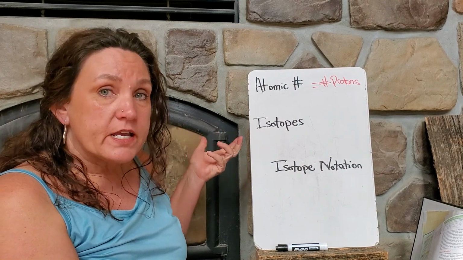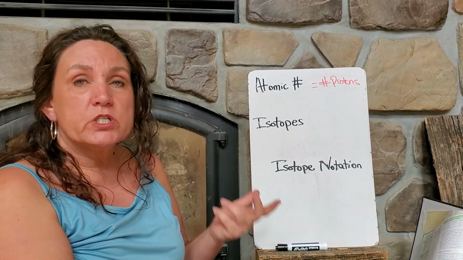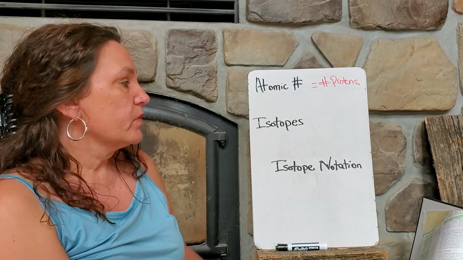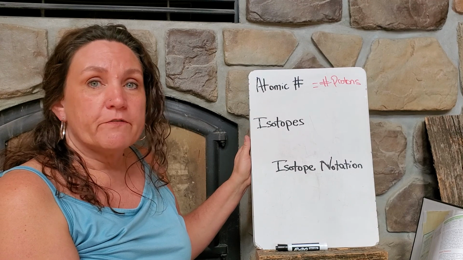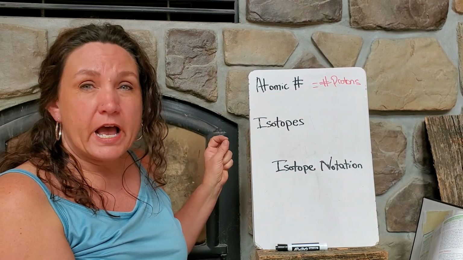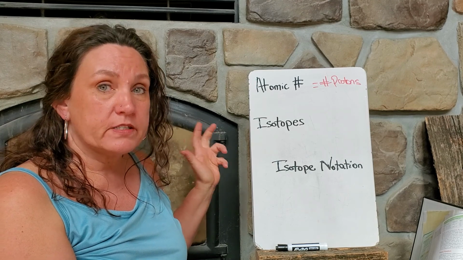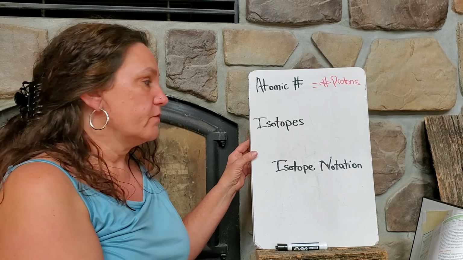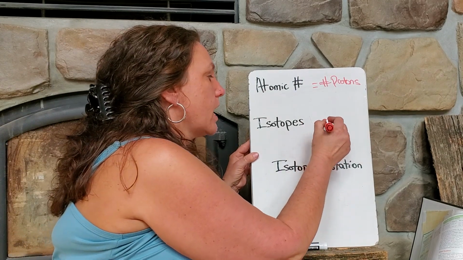Then we have isotopes, and we mentioned isotopes briefly, and then we didn't really do much with them at all. Isotopes are variations of an element. So it's the same element, but with different numbers of neutrons.